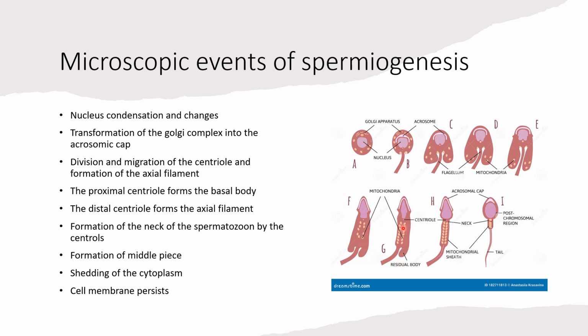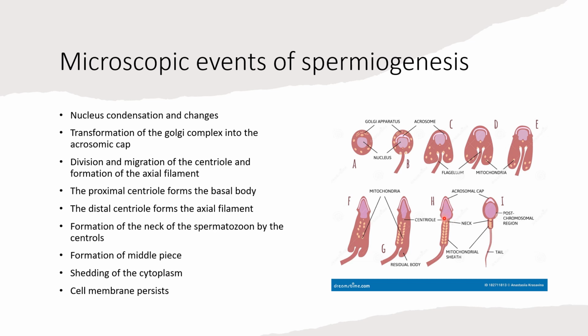You can appreciate that a little more here at the G point. You can see the centriole, and you also see the mitochondrial sheath having arranged itself and formed the neck. Now you can see a separate neck, you can see the middle piece, and you can make out the head with the acrosomal cap.